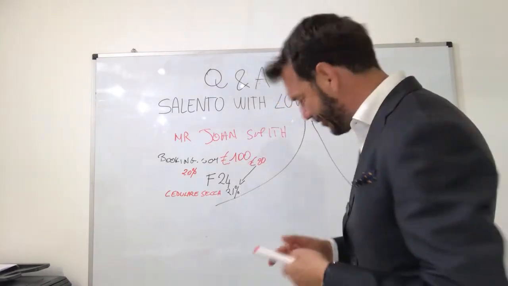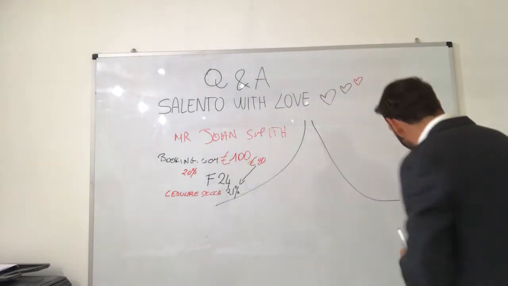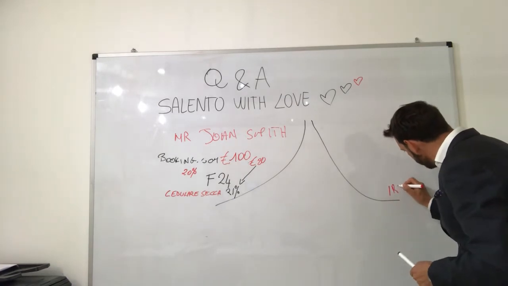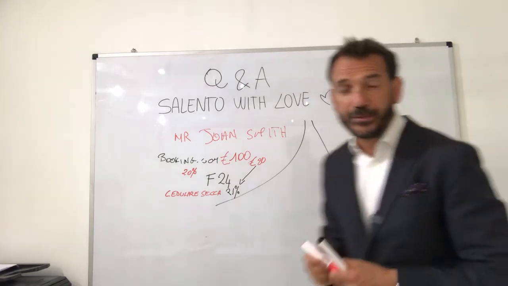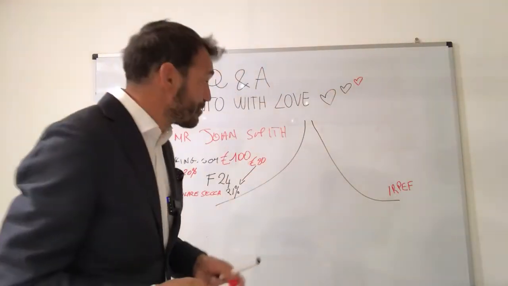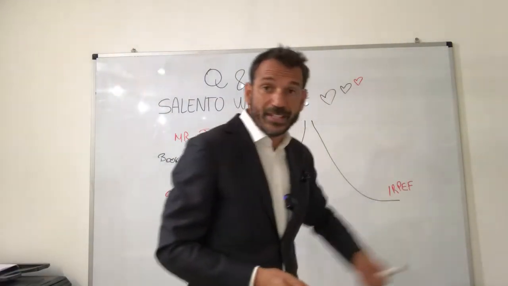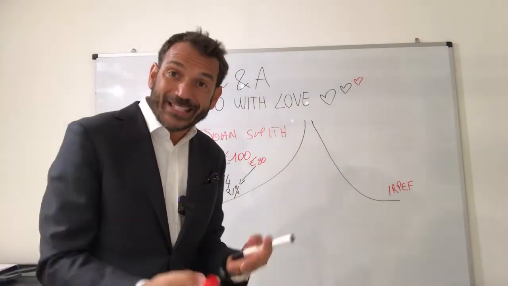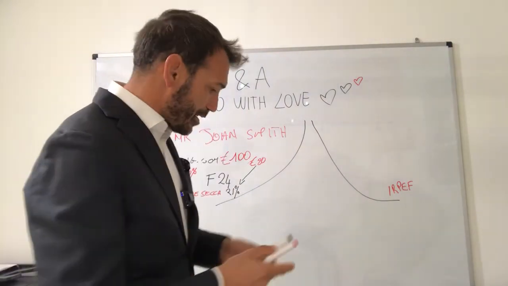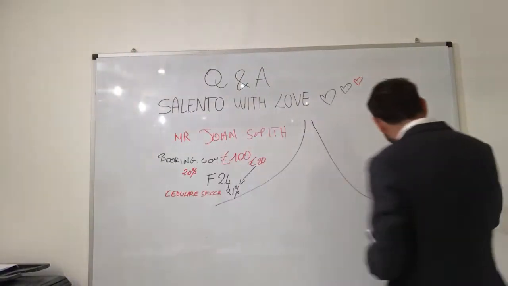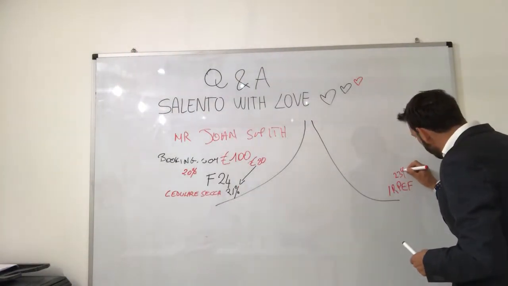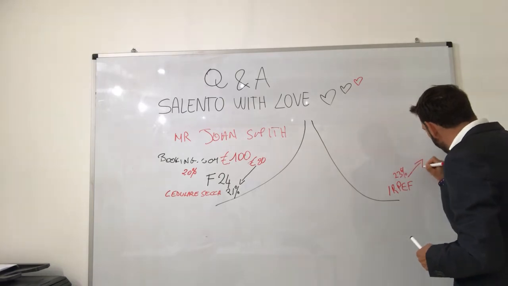Option 2. IRPEF. IRPEF is literally what describes paying taxes here in Italy. The percentages of taxes here in Italy start from 23% going up.